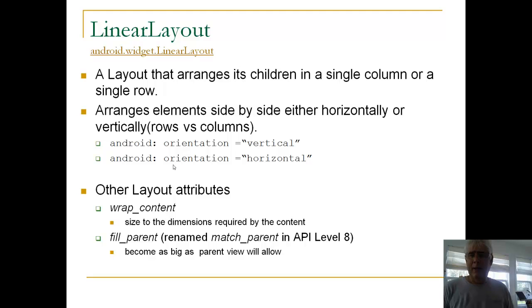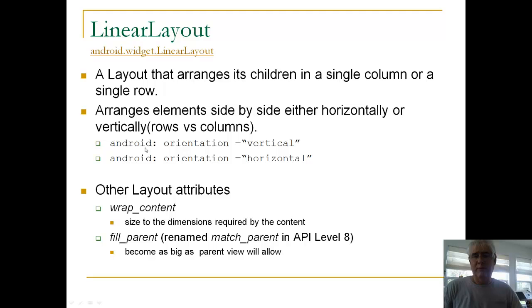Now, here is a little bit more information on linear layout. So, again, this is just for your reference. I think you've probably got it by now, but it's a layout that arranges its children in a single column or a row. Arranges elements side by side, either horizontally or vertically.